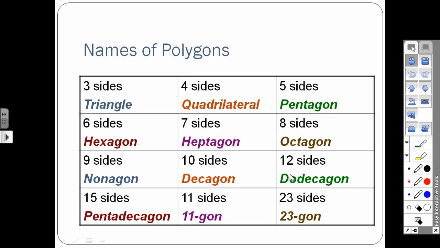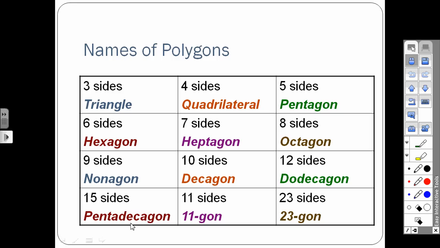And if you look at how the dodecagon came to be created, the do comes from 2, and then the deca is 10. So 2 plus 10 makes the 12 sides. And you can follow the same rule for the 15-sided, which is the pentadecagon. So the penta meaning 5, deca meaning 10, the gon part for the polygon.